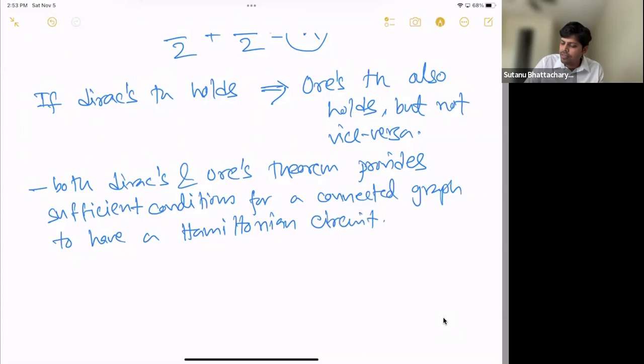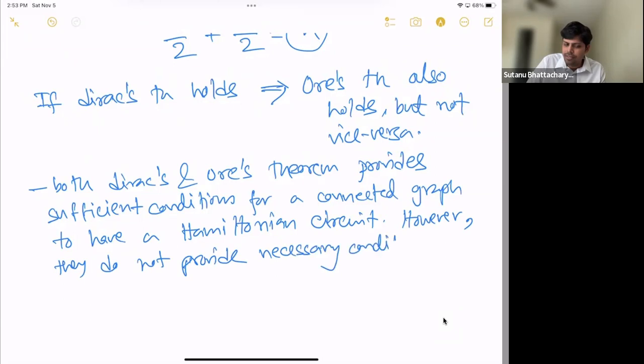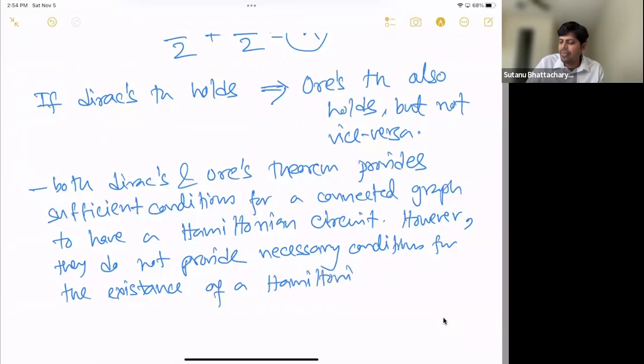However, they do not provide necessary conditions for the existence of a Hamiltonian circuit. So they provide a sufficient condition, but not a necessary condition.